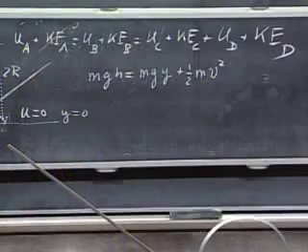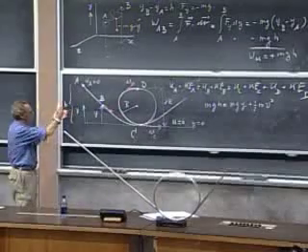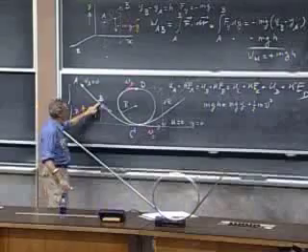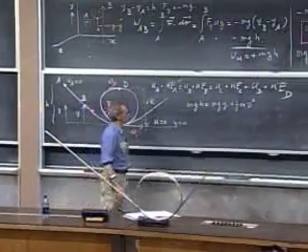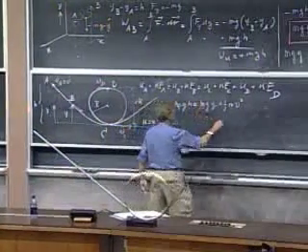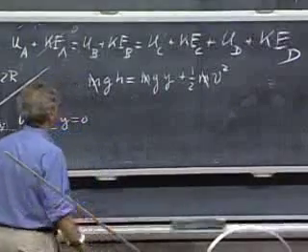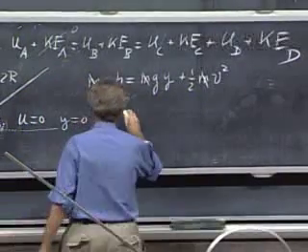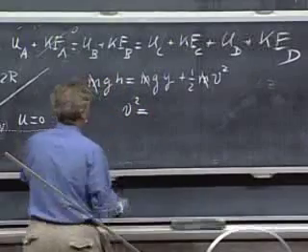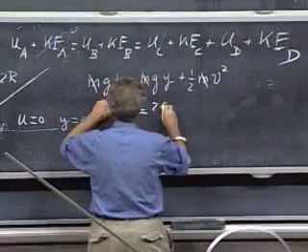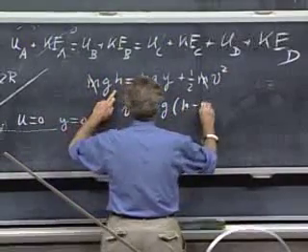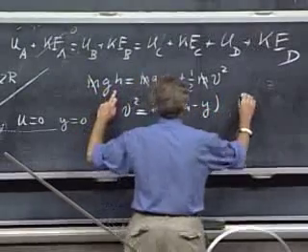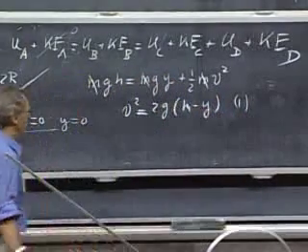What you see there should hold for every point that I have here. It should hold for A, for B, for C, for D, for any point. I lose my m. And so you find, let me summarize it, that v squared equals 2g times (h minus y). So this should hold for all these points.